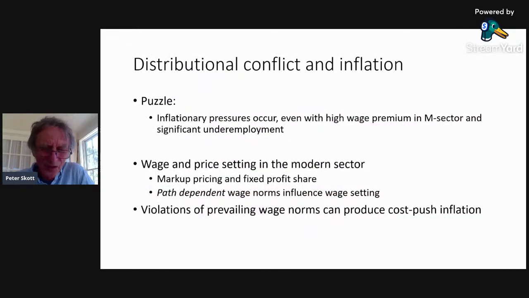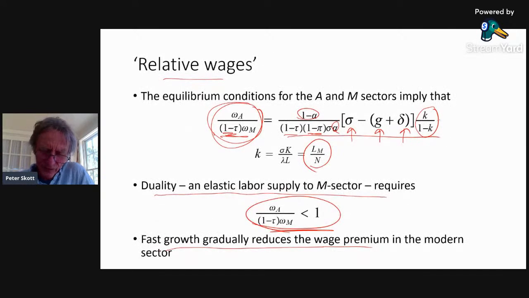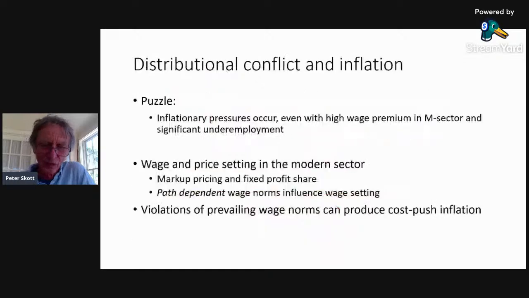However, we may need something in the real world. We may need something stronger than this. Why is that? And that brings me to an issue that puzzled me for a long time, and that's the observation that inflationary pressures occur, and they occur in developing economies, even though there may be a very high wage premium in the M sector, and there's significant underemployment.